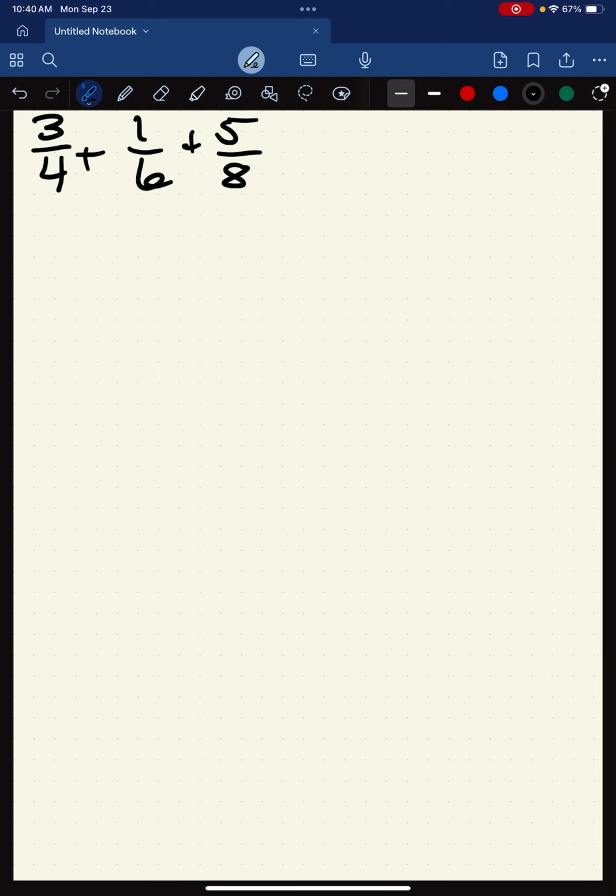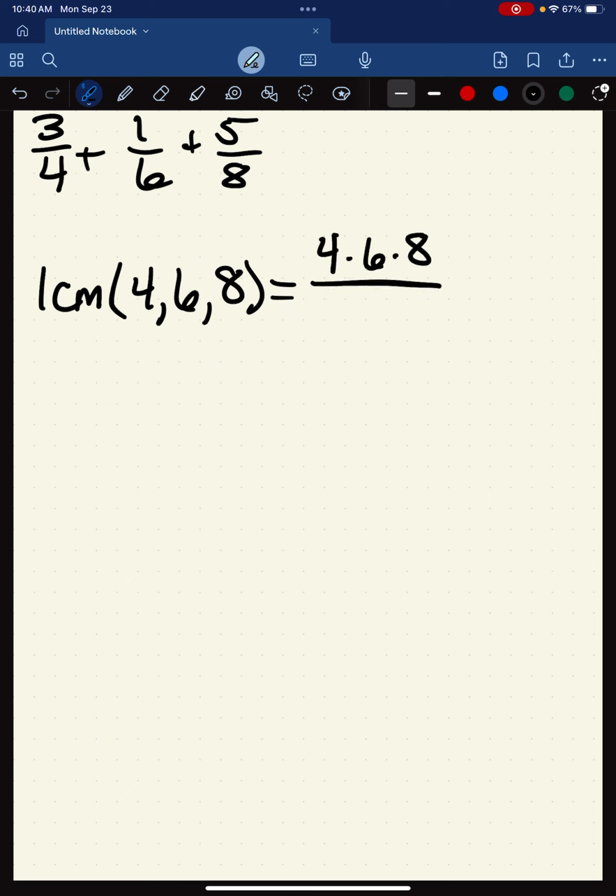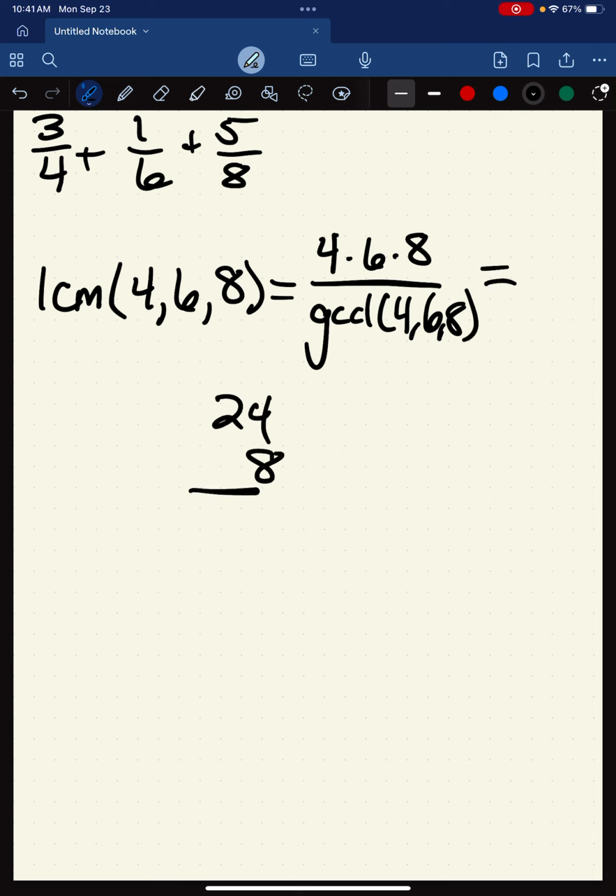So the least common multiple of 4, 6, and 8 is going to be 4 times 6 times 8 divided by the greatest common divisor of 4, 6, and 8. 6 times 4 is 24. 24 times 8 is 192.